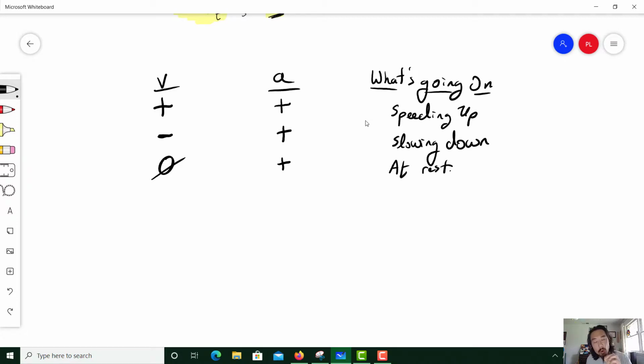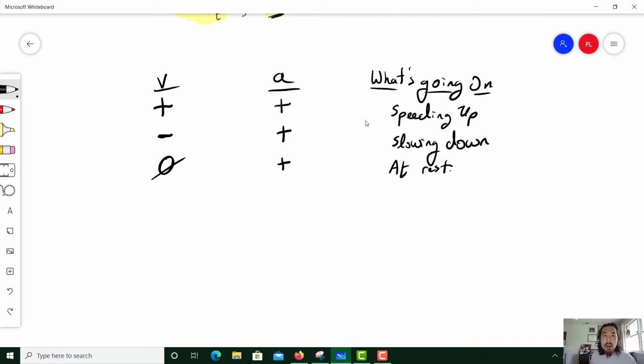The velocity actually describes the motion. Acceleration just describes what's going to happen as time moves on. So as time moves on, it'll go from rest and then speed up in the positive direction. But at that moment, it is considered to be at rest.